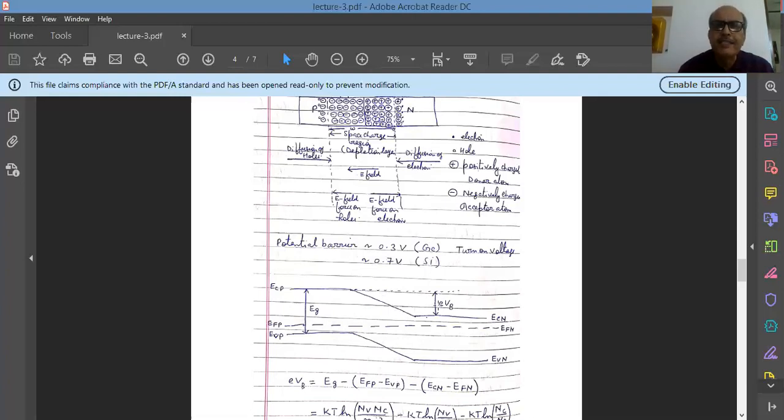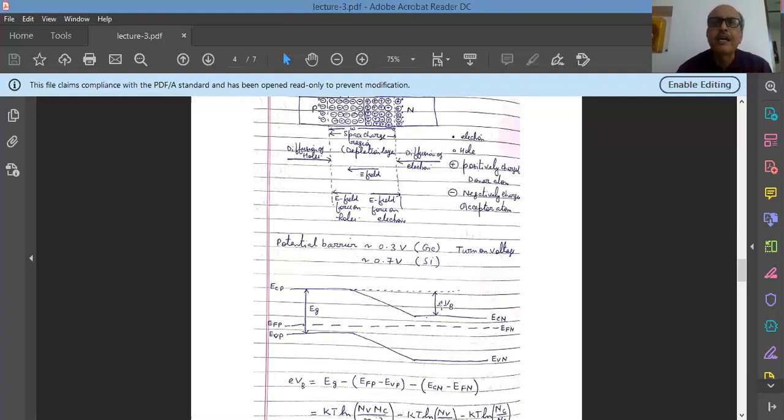And if you look at this, this is now E into V_BB. If you look at the electrons here in thermal equilibrium, because of the barrier, it is not possible for the electrons to move from N to P, and similarly, holes from P to N. Let us see the same thing from this energy band diagram also. You can see on N side, the electrons are somewhere here at the conduction band.